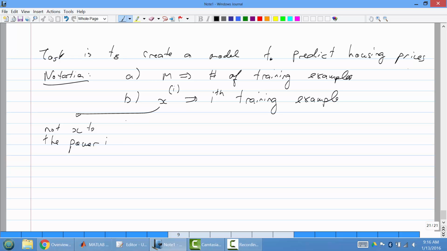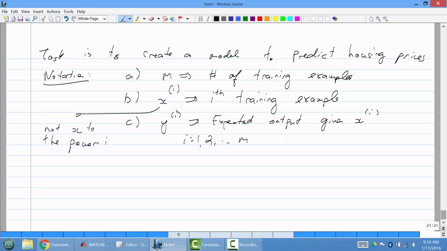And finally y(i) is the expected output given x(i). i will go from 1, 2, all the way up to as many training examples as you have. So x(1) would be the first training example, up to m. We have m training examples.